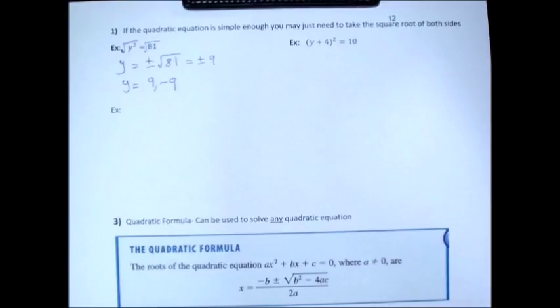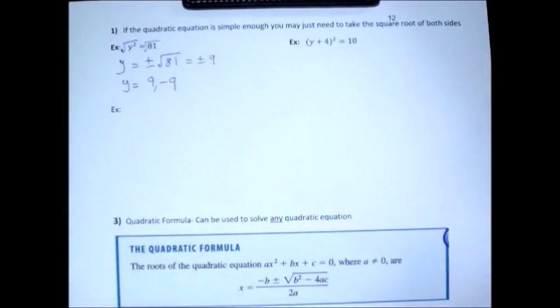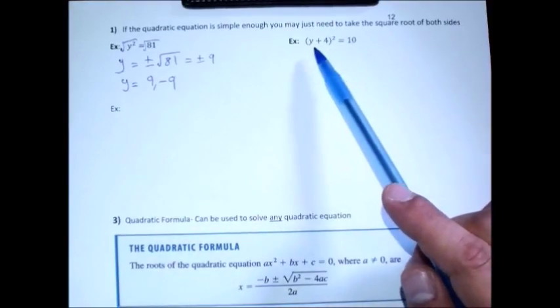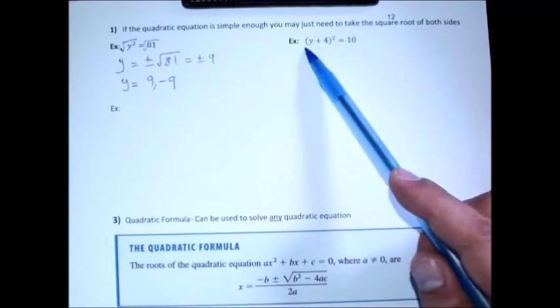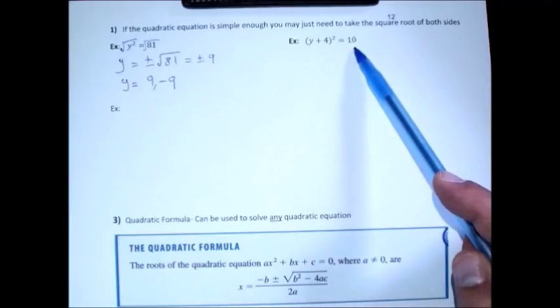Is everyone okay? Okay, very rarely are you going to have one as nice as that. I just want to illustrate that property, right? Sometimes you get ones that are more like the one on the right, where you have something that's being squared. The only thing on the left-hand side is the whole thing being squared, and then just numbers on the right.